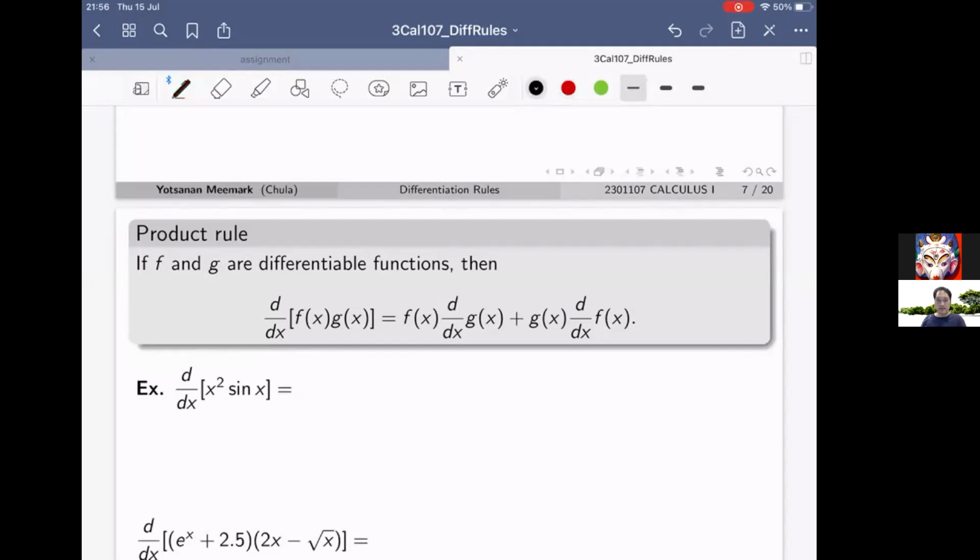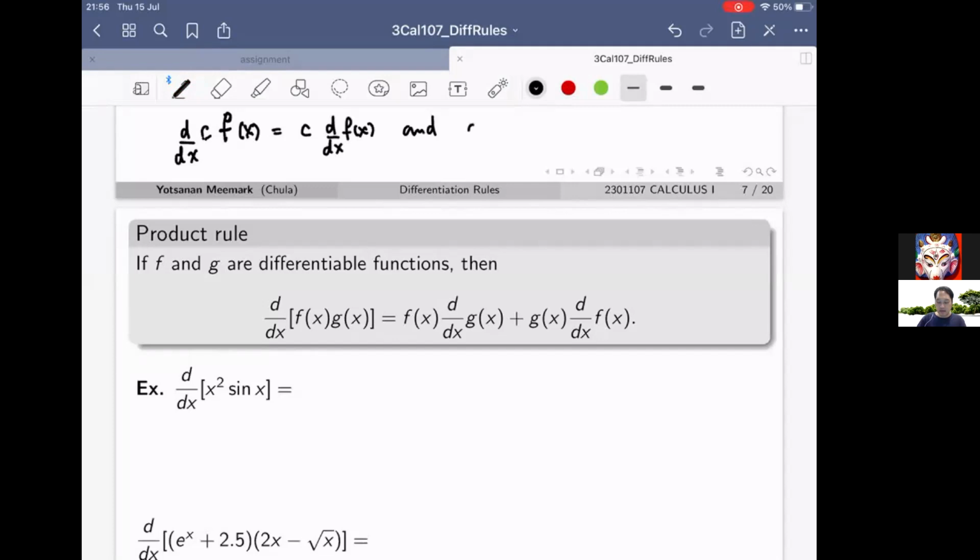Previously we learned that if you have a derivative of a constant multiplied by a function, you can pull out the constant and then take the derivative of the function itself.